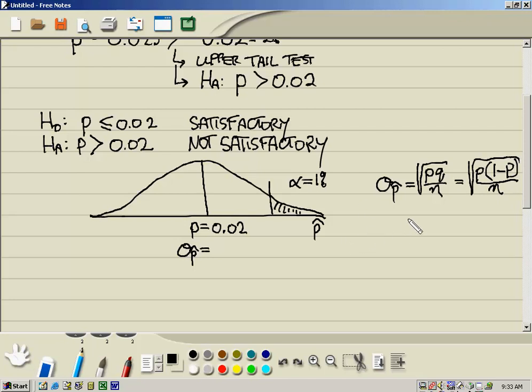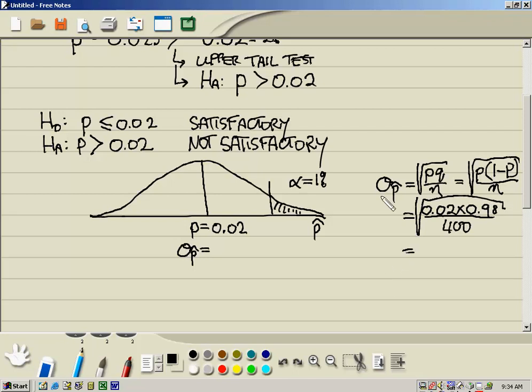Alright, it's the same thing. Alright, so p is 0.02, q, or 1 minus p. Alright, be very careful, that's 98% or 0.98, divided by the sample size of 400, and then we'll take the square root of that whole thing.